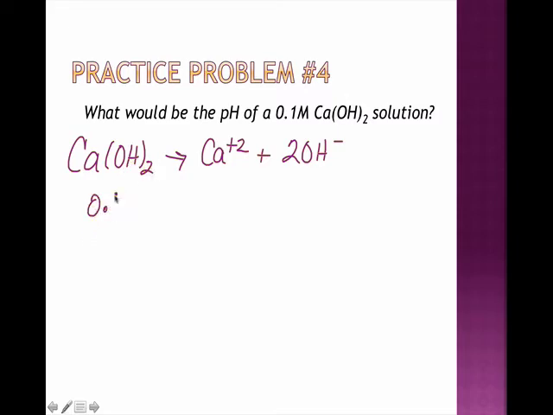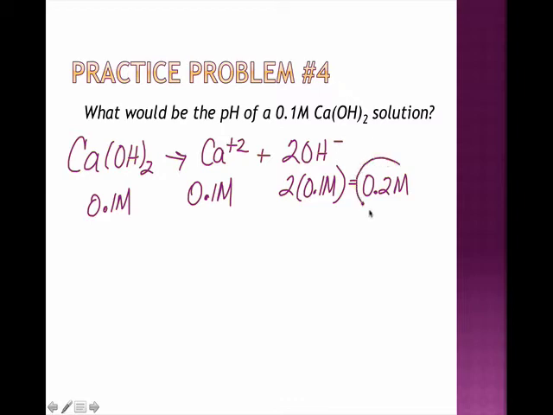This originally was 0.1 molar, and because for every one of these we produce 1 calcium ion, the calcium is also 0.1 molar, but for every 1 mole of this, we produce 2 moles of the hydroxide. So that means I have to multiply the concentration by 2. So this becomes 0.2 molar.